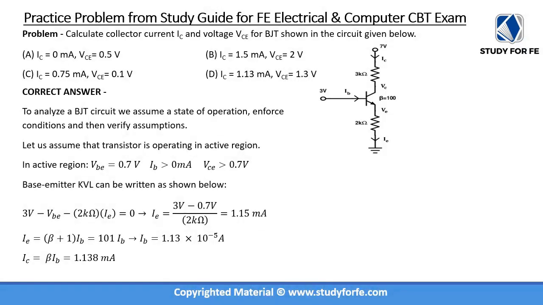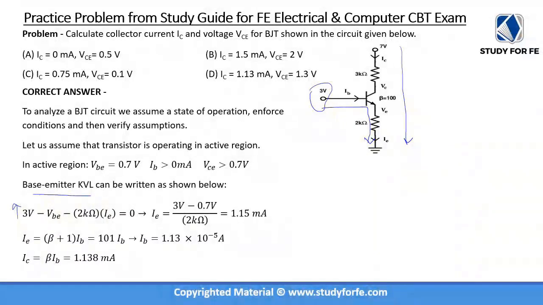The first KVL equation is pretty typical for NPN circuit analysis: you write one KVL equation from the base to the emitter, and the other from the collector to the emitter. For the base-emitter KVL, we have a 3 volt voltage source, so there is a voltage gain.